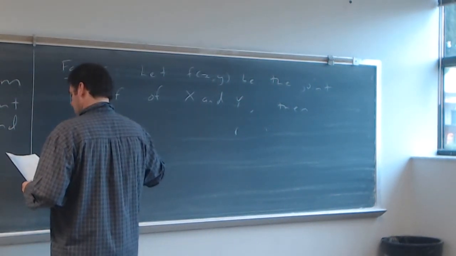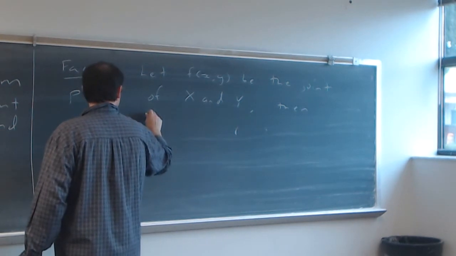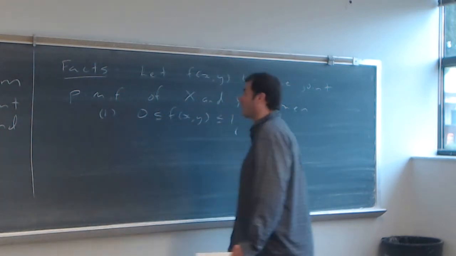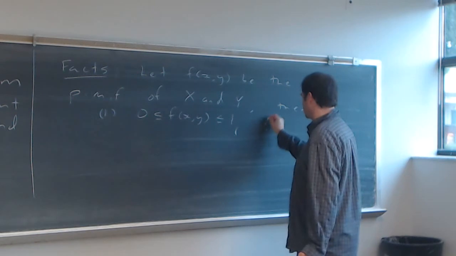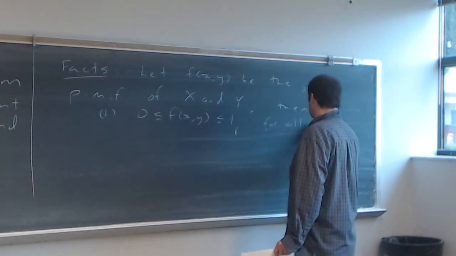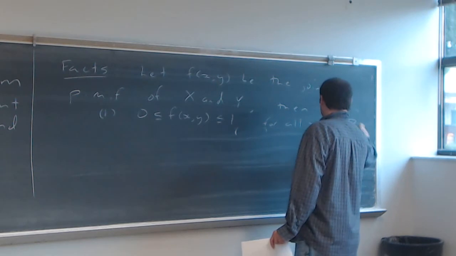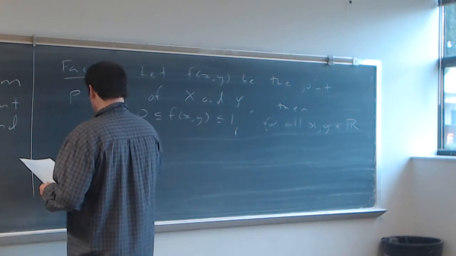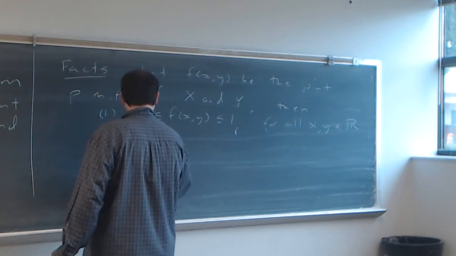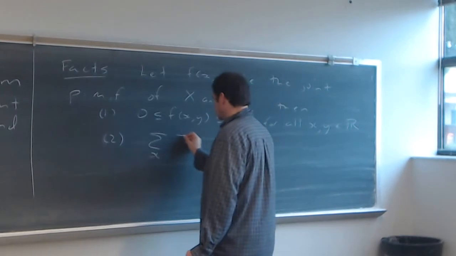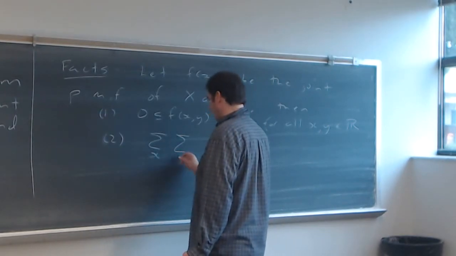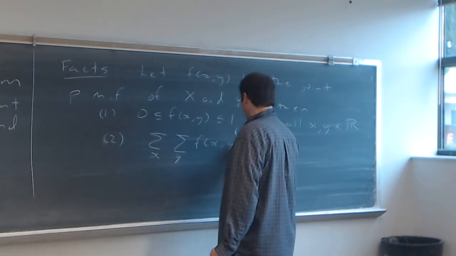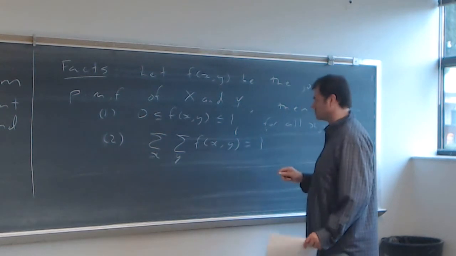One is that 0 is less than or equal to f of x comma y, which is less than or equal to 1, and that's true for all x and y that are real numbers. And 2, the double sum over all the output values for X and all the output values for big Y of f of x comma y is equal to 1.